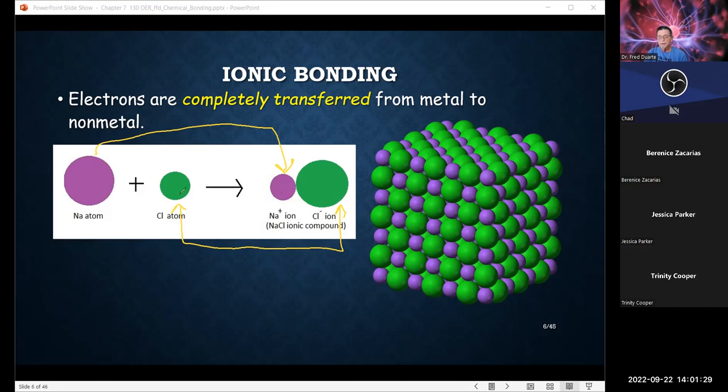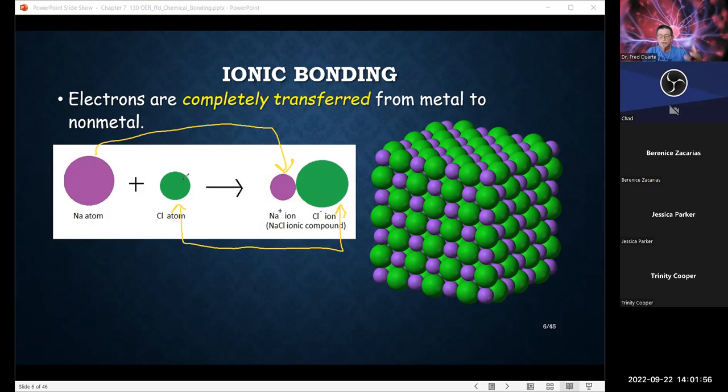Compared to chlorine that has one empty spot for an electron, it picks up an electron to form the chloride ion, okay? And now it has more negatives in the orbital, and they repel each other. So now the radius of the chlorine ion is bigger, okay?